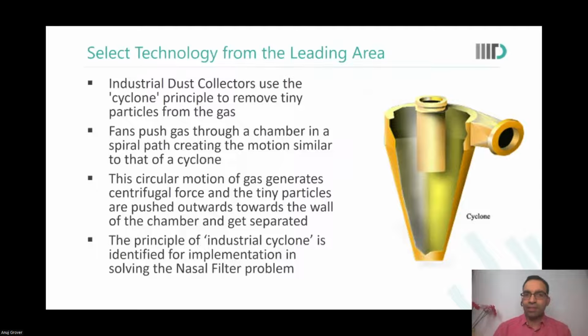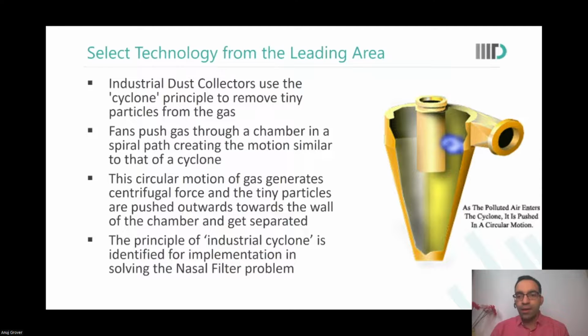So it is something like this. The gas enters from one side, it moves into your channel, the dust collector, in the form of a cyclone.